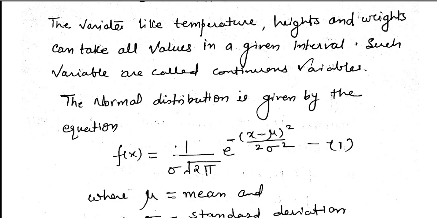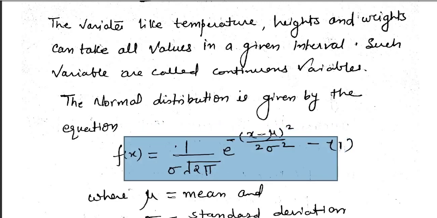is given by normal form, and in normal form the distribution can be given by the equation f(x) is equal to 1 upon sigma root 2 pi, e to the power minus (x minus mu) square upon 2 sigma square.